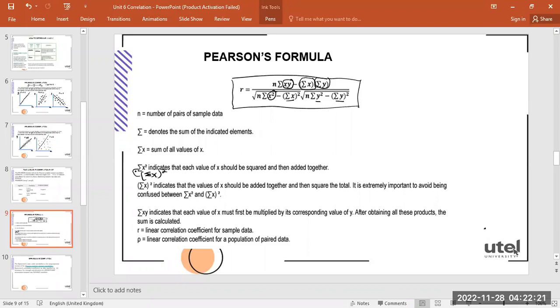All these values are different, and you need to be very careful while doing the computation in order not to run into error. R represents the linear correlation coefficient for the sample data, and rho stands for the linear correlation for a population of paired data. So R and rho stand for the same thing, only that R is for a sample, and rho is used when we are considering a population. We need to take note of this.